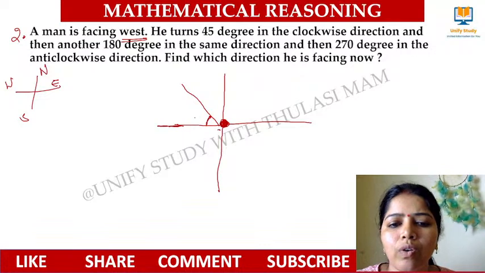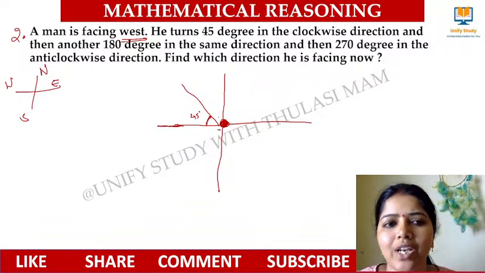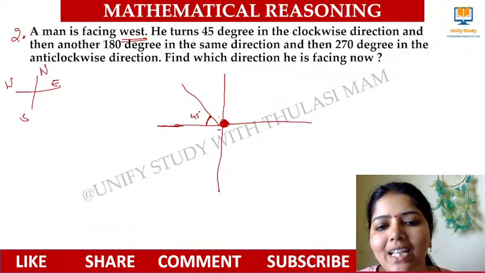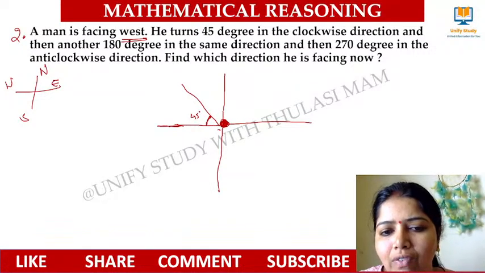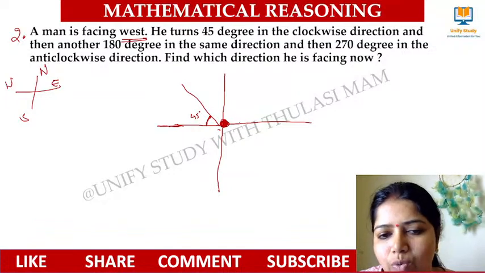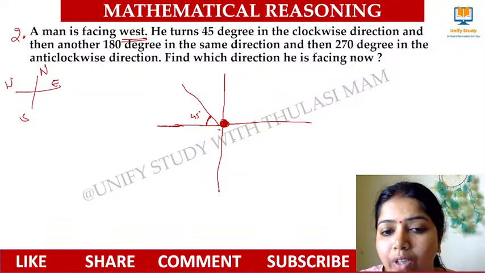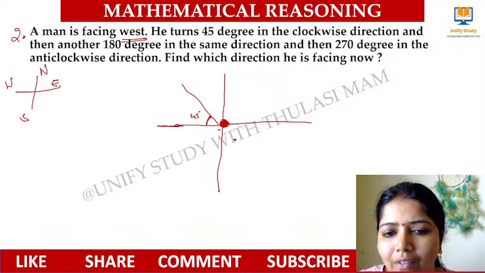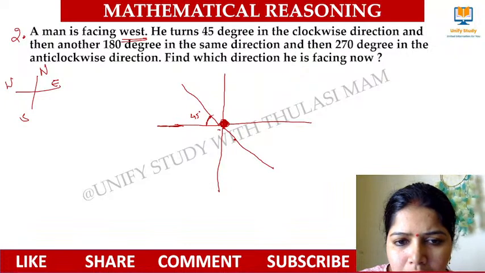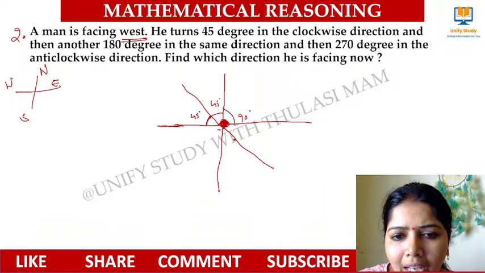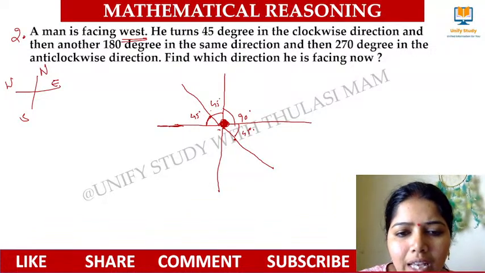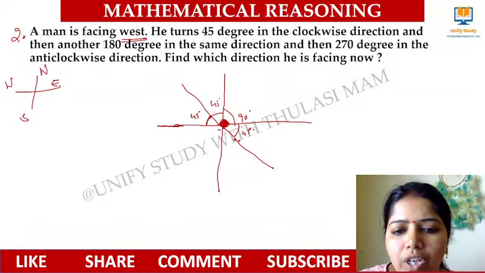Next, 45 degrees clockwise, and then another 180 degrees in the same direction. 180 degrees means two halves of 90 each.